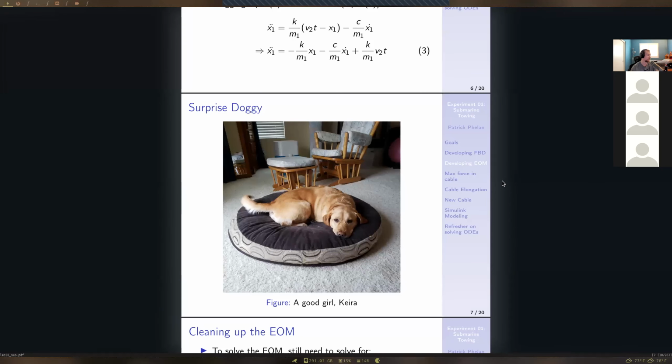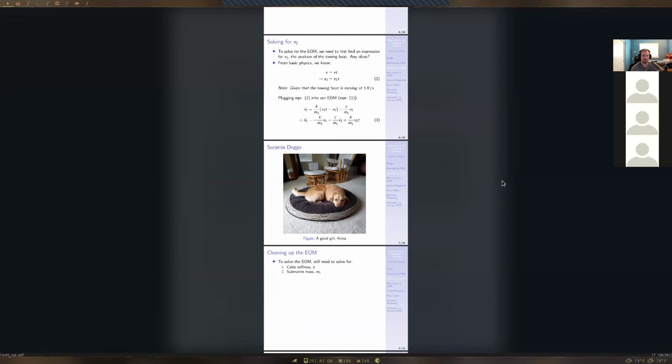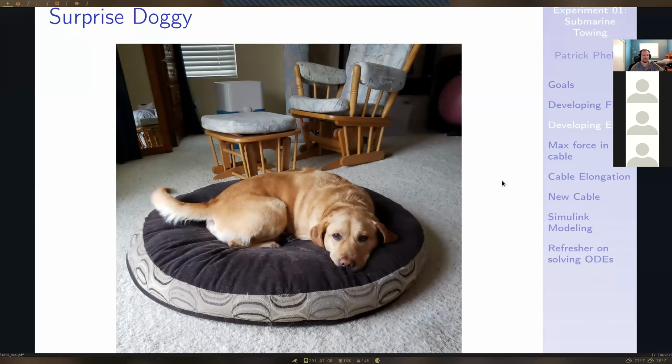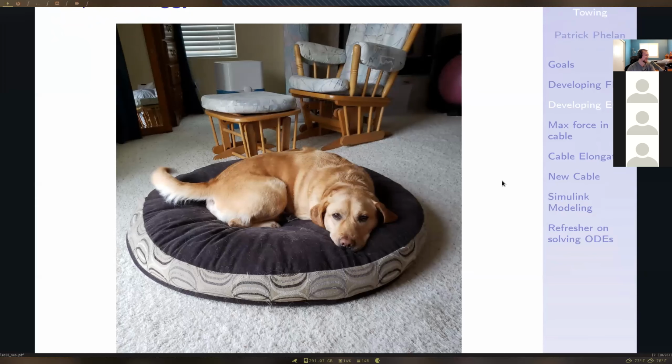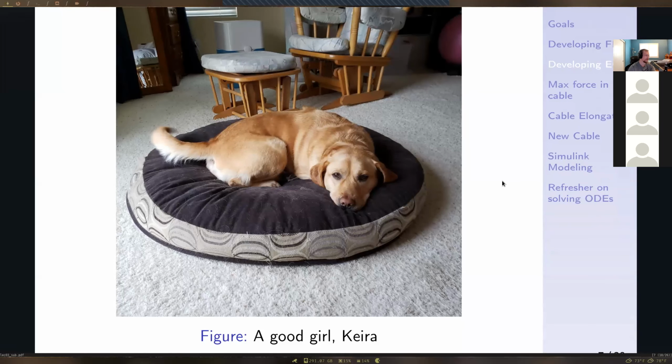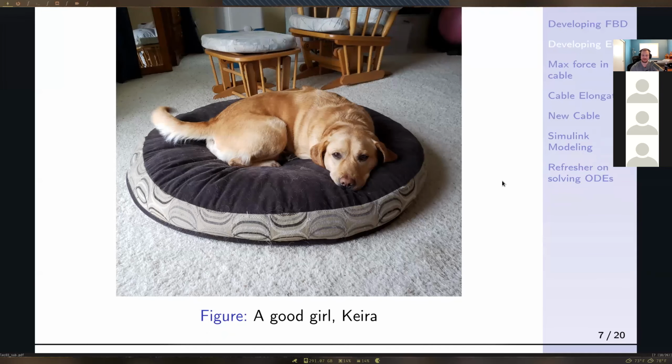And then you would have had a surprise doggy. So there we go. Anyways, yeah, that's my dog. Her name's Kira. All right. So that didn't work out exactly like I wanted, but there you go. There's a good surprise dog for you. I like that you added the figure title. Yeah, you gotta know that she's a good girl. Okay.